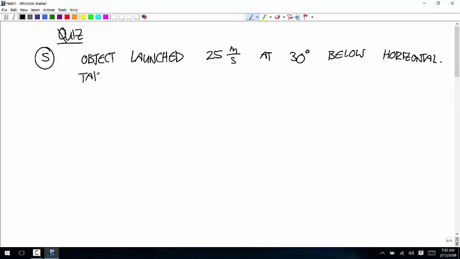And it takes 3.4 seconds to hit the ground. What was the starting height?